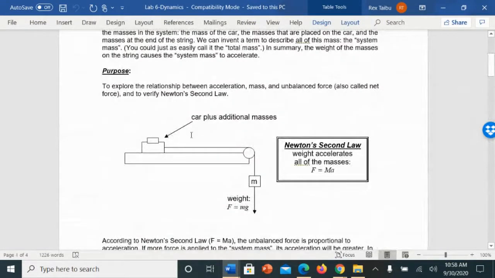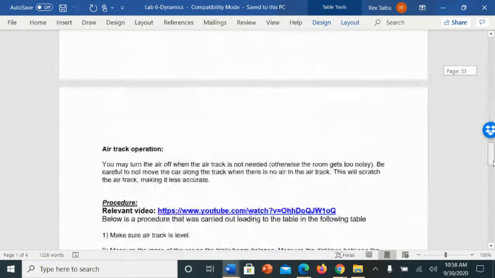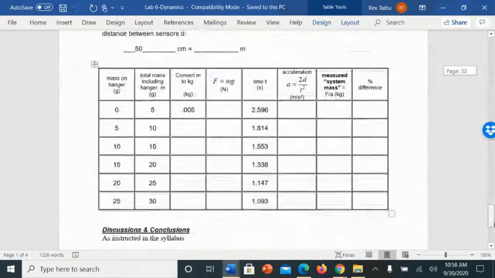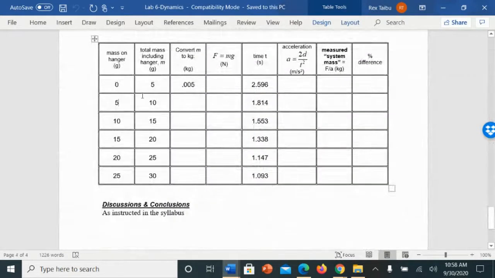Take 5 from here, put it here, make it 10, and let the experiment run. So we take 5 from the car and put it on the hanger, making the total mass on the hanger 10, and this will be 0.010 kilograms. The force here will be that mass you get here times 9.8.